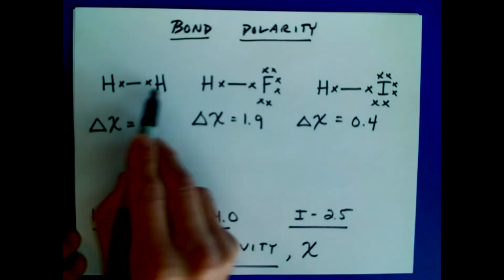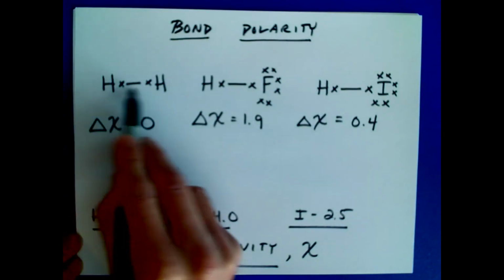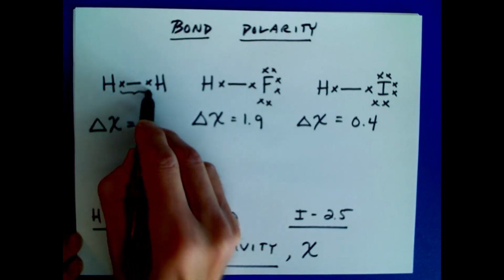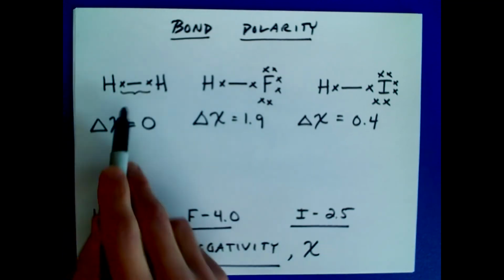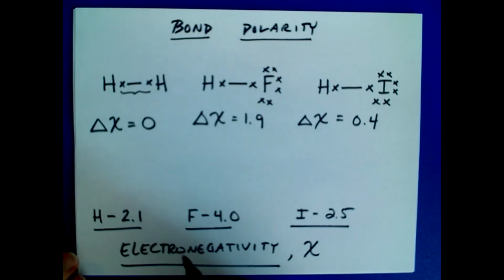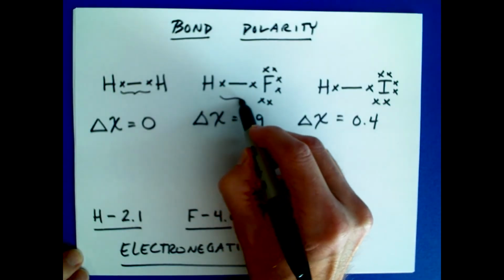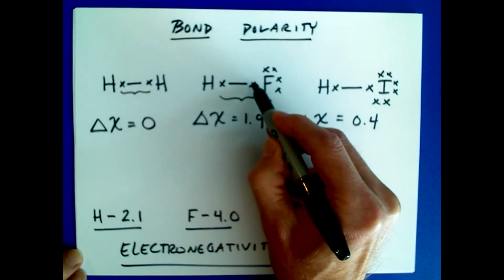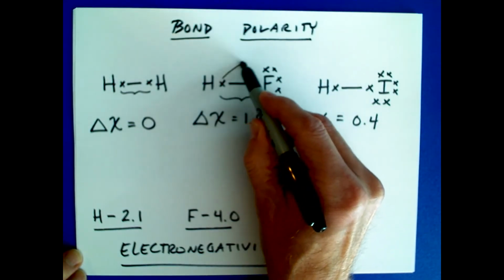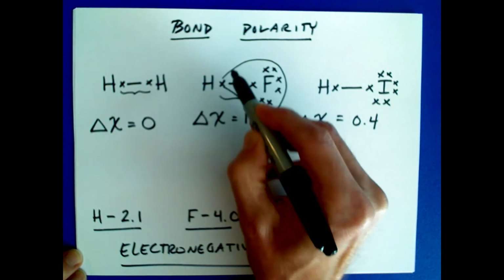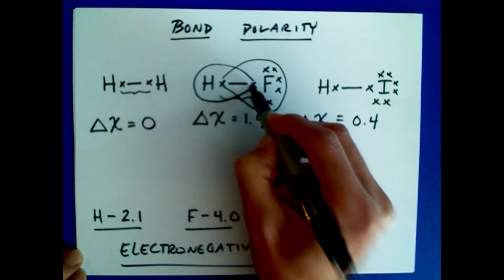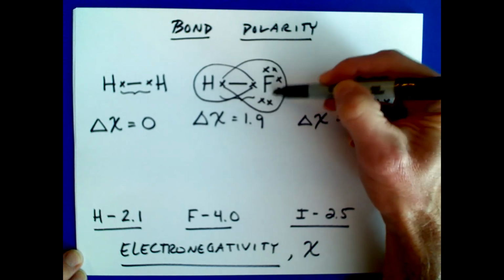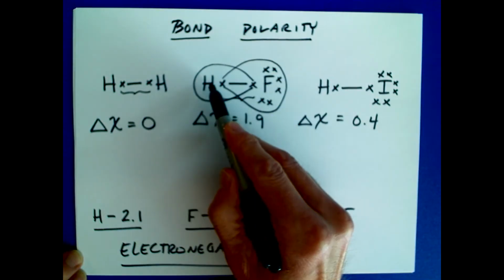Now, in the case where the difference in electronegativity between two atoms in a bond is 0, what that would mean is that these two electrons are equally shared by both atoms. In this case, the difference in electronegativity is very large. And that means that fluorine is better at attracting the electron in this bond than is hydrogen. And what that means is that these two electrons spend more time around the fluorine than they do around the hydrogen.